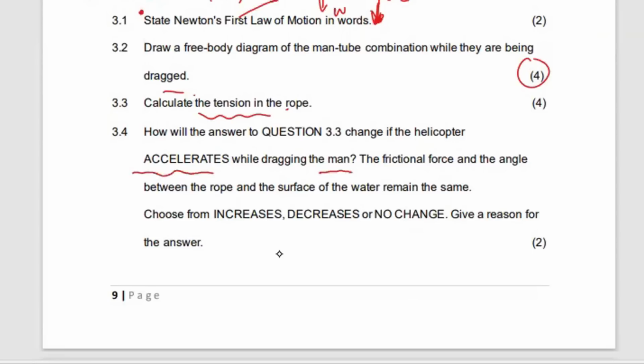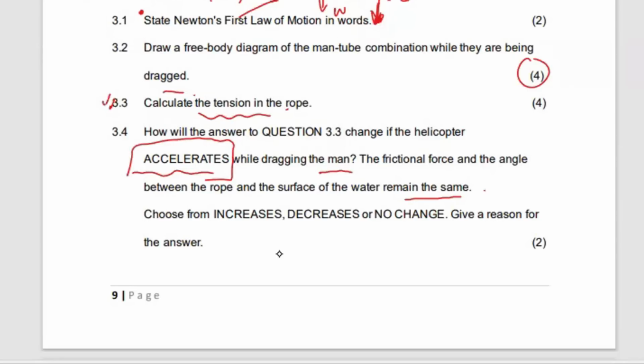The frictional force and the angle between the rope and the surface of the water will remain the same. The issue is the helicopter is accelerating. So how does that affect the answer in 3.3?